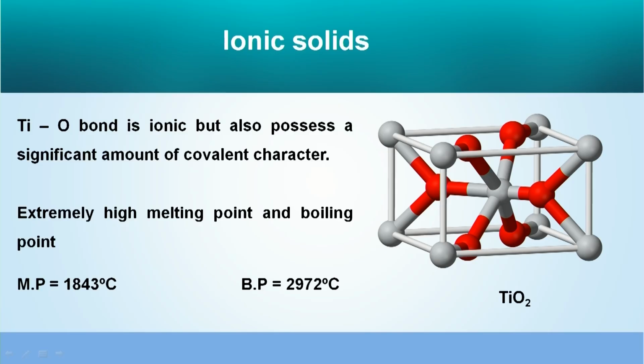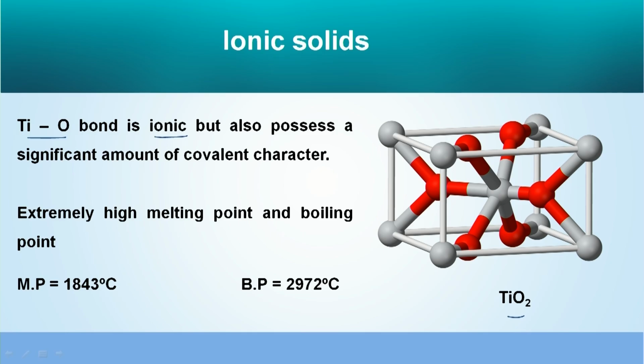Another case is titanium dioxide, which is again an ionic solid. In titanium dioxide, the titanium-oxygen bond, that is the Ti-O bond, is predominantly ionic, but it also possesses a significant amount of covalent character.